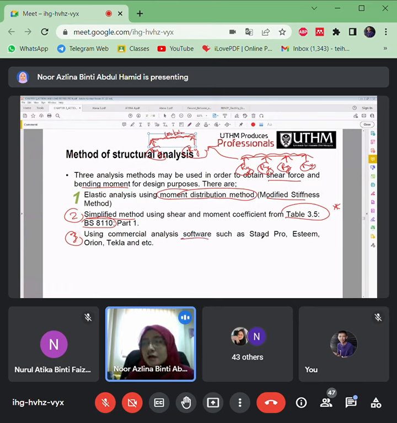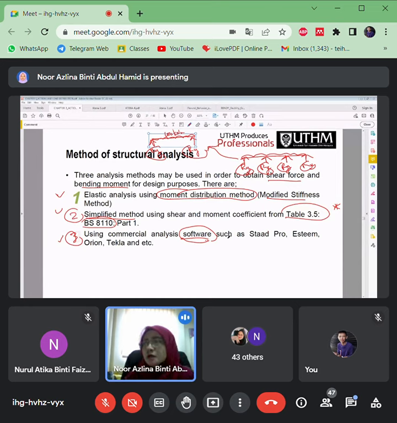Okay, but we do not go for software, right? So this is the basic things you need to know before you can use the software, especially once you become an engineer.